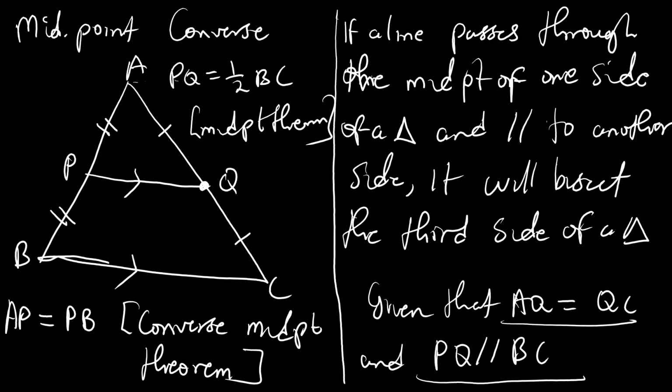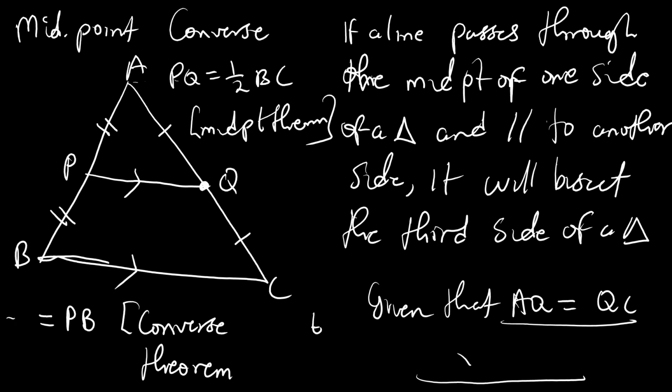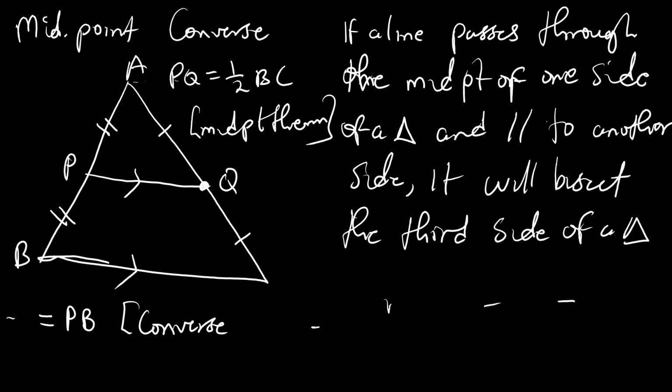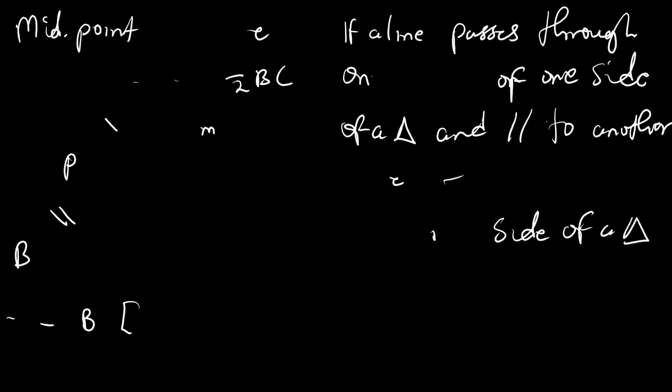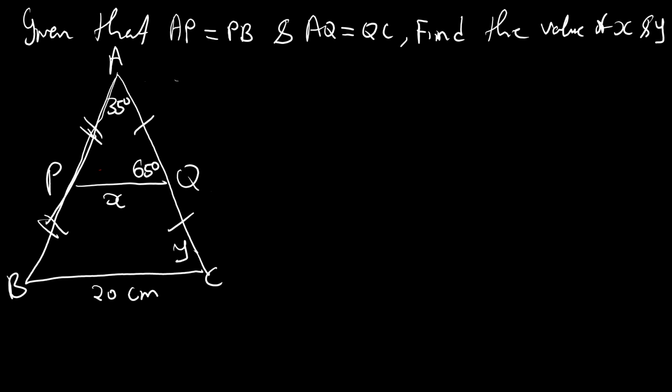Then now let's do the exercises based on these things. The midpoint theorem is very simple, as you will see when we do an example. Here's our question. We're given that AP is equal to PB and AQ is equal to QC. This information allows us to apply the midpoint theorem, because we have enough information.